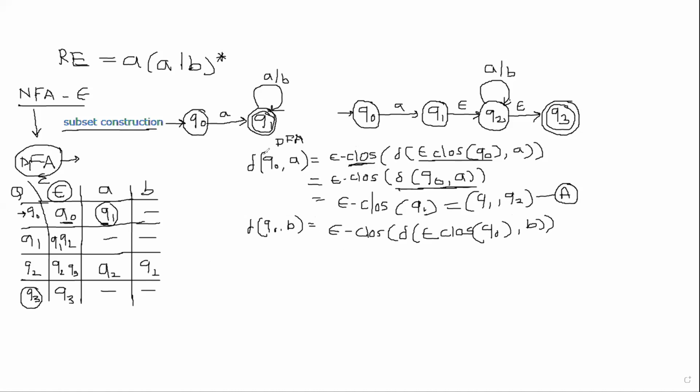So Q0 चे ट्रान्झिशन चेक केले, दोन इनपुट आहेत आपल्याकडे A आणि B. So Q0 चे ट्रान्झिशन with A and with B I have checked. I will solve this and I will check whether any new state is getting generated or not. Epsilon closure of Q0 is Q0 itself.